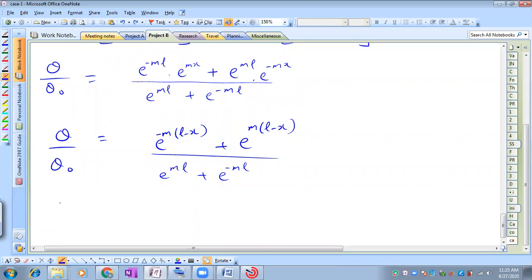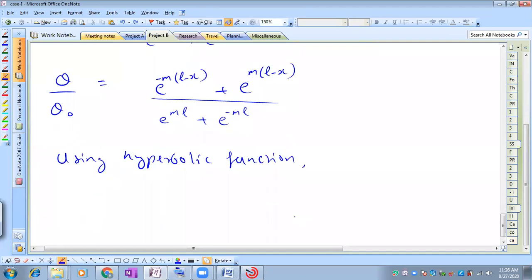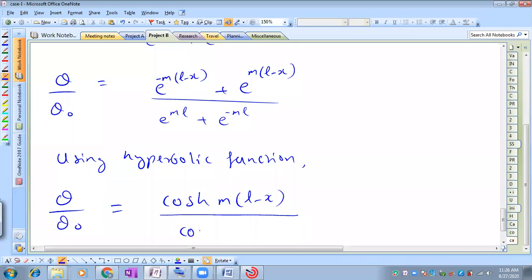We can convert the above equation into a hyperbolic function. So if I use the hyperbolic function for further simplification, how can I write the above equation? Theta upon theta 0 will be equal to hyperbolic cos of m into l minus x divided by hyperbolic cos of ml. This is the final term that we require.